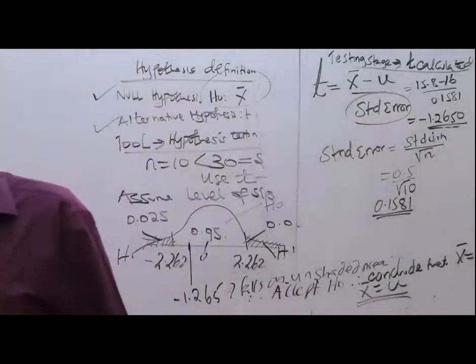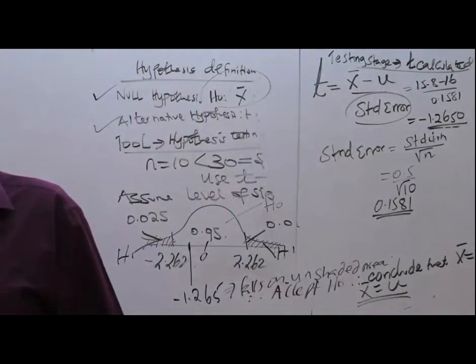So I'm sure this may have been a little bit technical for you. Let me just check here. The formula is 1 minus alpha over 2. The intended mean is the X bar.